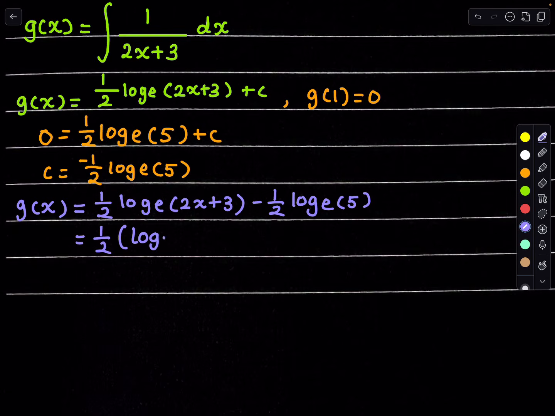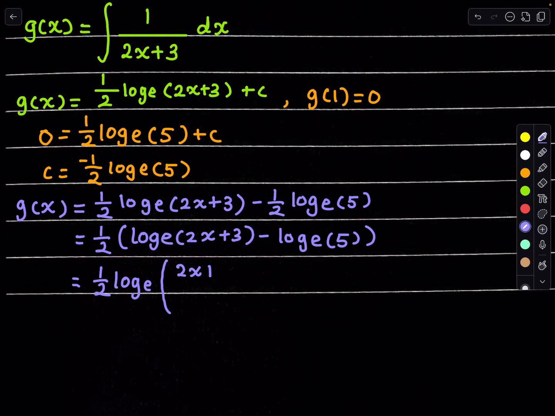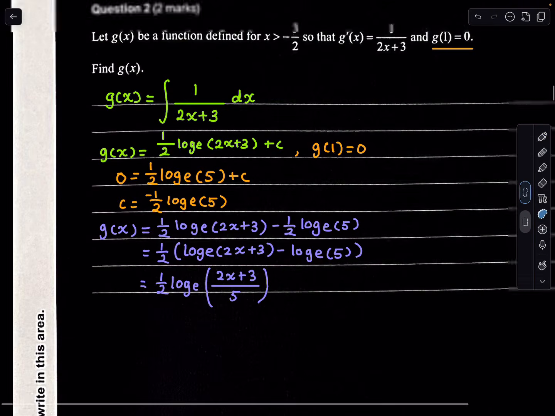So it'll be log e (2x plus 3) minus log e 5. Now, what happens when two logs minus? They divide. So we can write this as 1/2 log e of (2x plus 3) divided by 5. And that is it. This is your actual function.